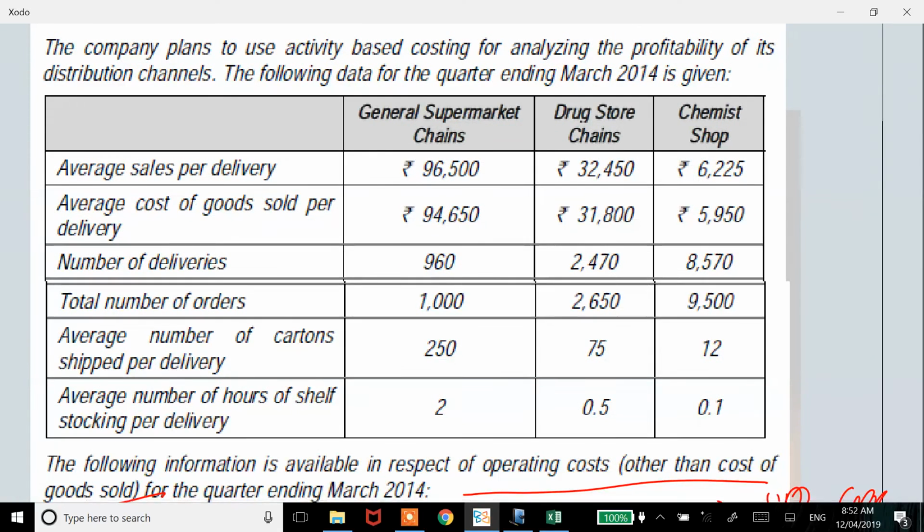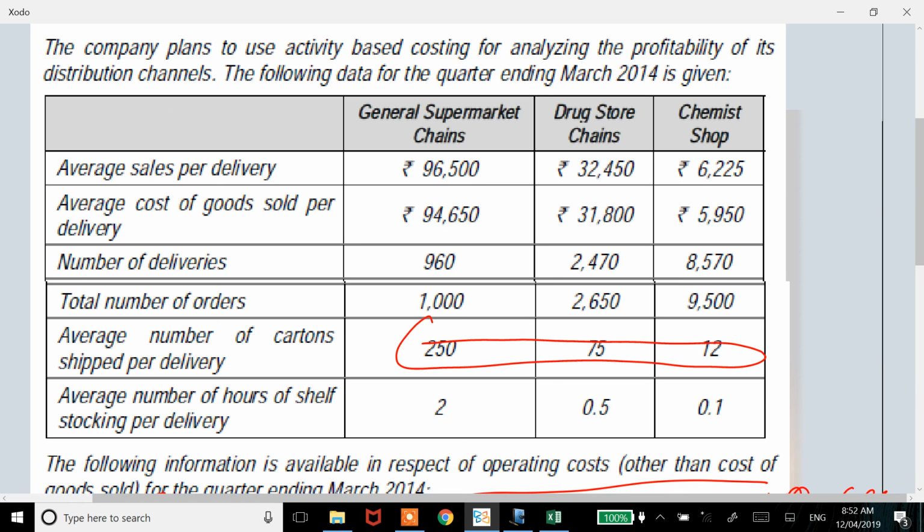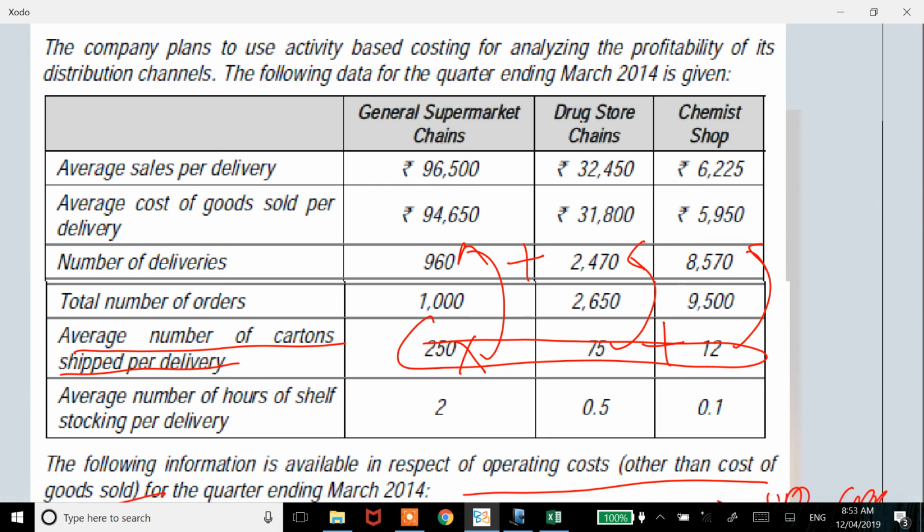Cartons dispatched. Listen, you cannot add this directly. It says number of cartons shipped per delivery. So if you have to add, it is 250 into 960 plus 75 into 2470 plus 12 into 8570. These are small adjustments which will keep coming in questions.